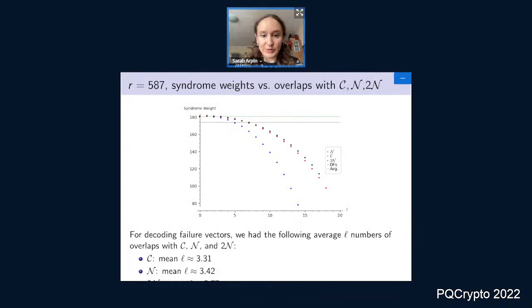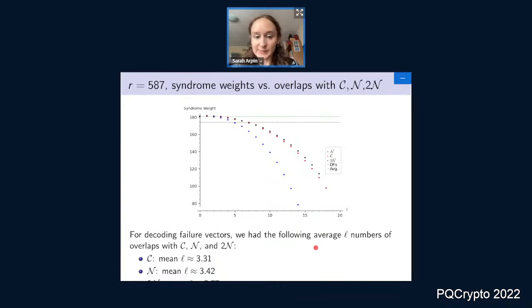Here we also computed the syndrome weights versus overlaps with the sets identified by Vasseur, the code words and near code words. You can see that as the number of overlaps with one of these sets increases, the syndrome weight goes down.